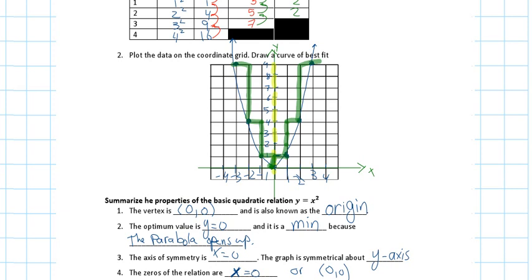The step pattern is going to be always 1, 3, 5, but it's going to be multiplied by an A value, which we're going to talk about in this lesson. The step pattern is the first differences. Okay?